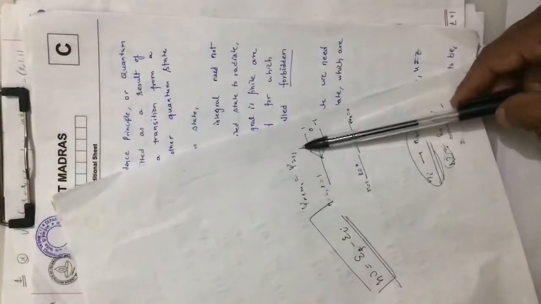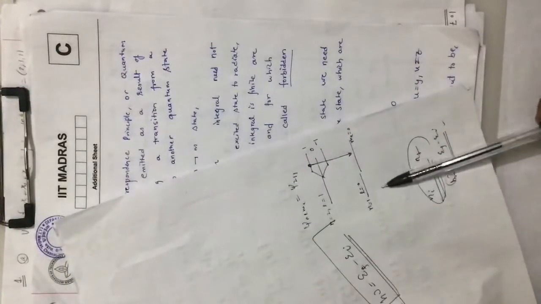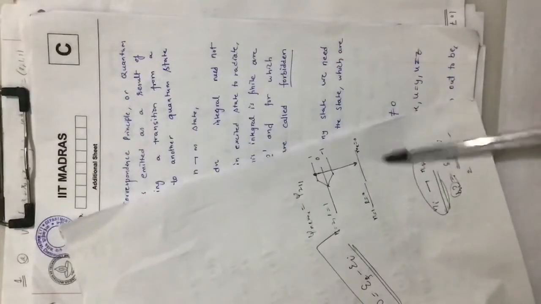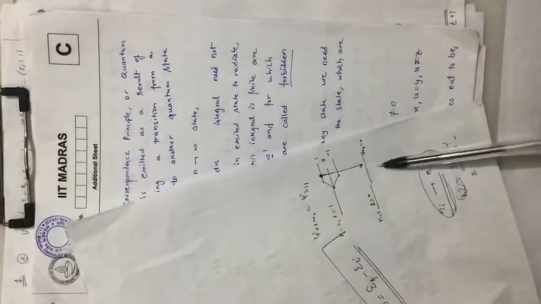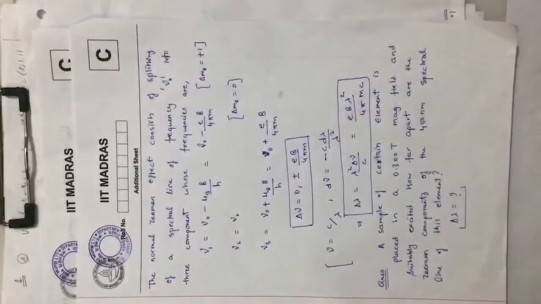When we solve this for a particular quantum state like ψ_211, and the next state ψ_n' l' m_l', which is a different state, and we solve the integration, if this is not equal to 0, then that transition is allowed; otherwise that transition is not allowed, right?